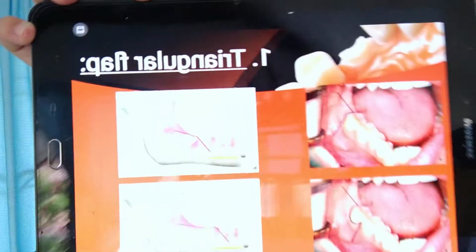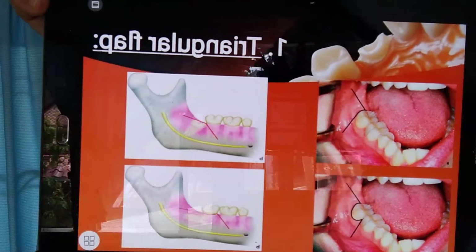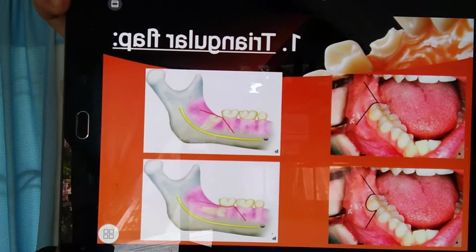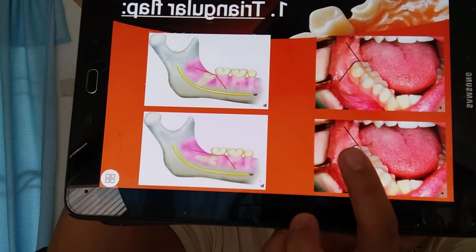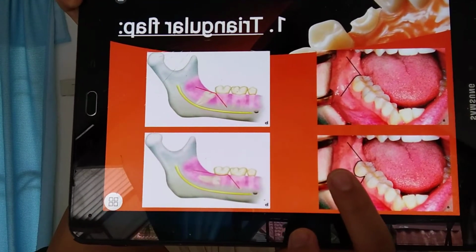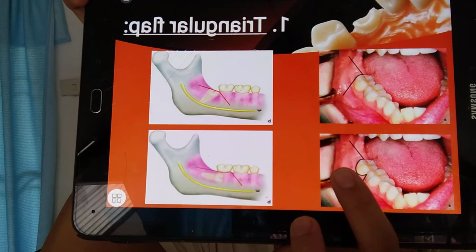Let's talk about the types of flap that we are going to use in extracting the impacted mandibular third molar. The first flap is the triangular flap. This is the diagrammatic illustration, and this is a clinical photograph of the triangular flap.